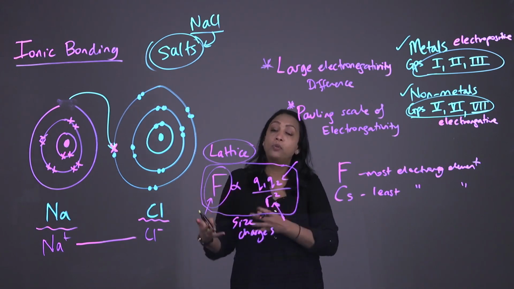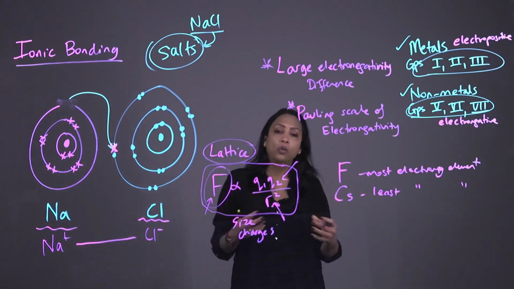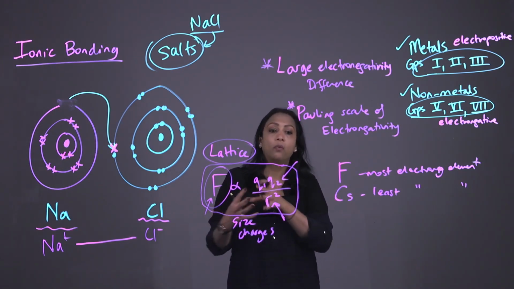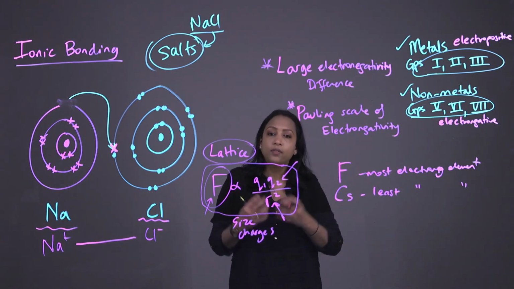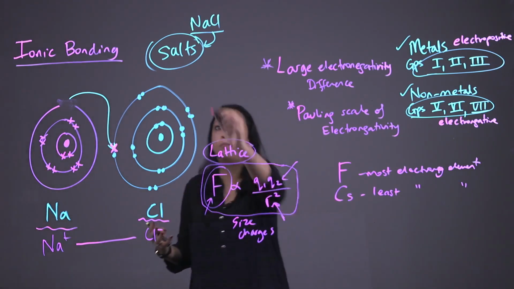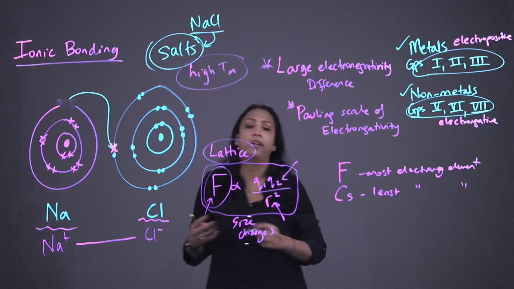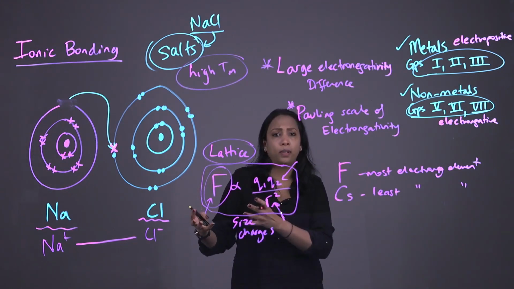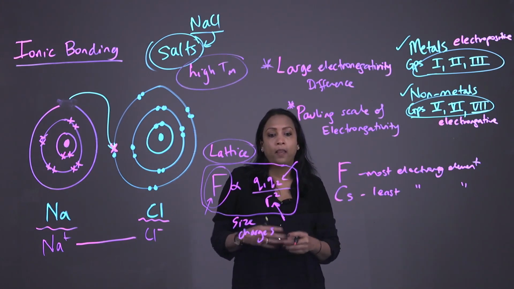Again, the mutual attraction between the positive and the negative ions holds the lattice structure together. The large amount of energy required to break apart these electrostatic forces of attraction is responsible for the high melting point of ionic compounds. Sodium chloride, NaCl, for example, is said to have a giant ionic structure.